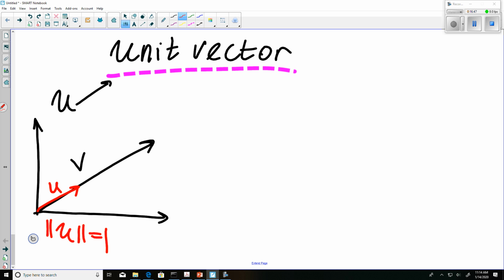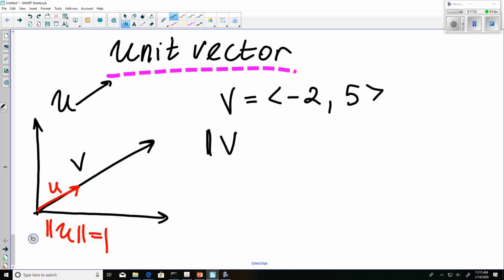Now, how to do it? Example, given that v is (-2, 5), I need to find u, the unit vector. I would like to divide every component by what? What do you think? I'm trying to make the length 1, so I'm dividing by the magnitude of the vector v.